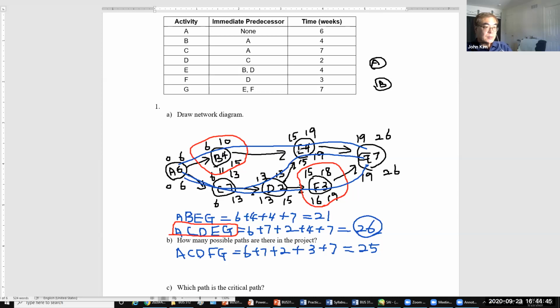On this path, first path, B is non-critical activity. On this path, last path, F is non-critical. So at least one non-critical activity in that path, but this one, all activities are critical activities, no slack.